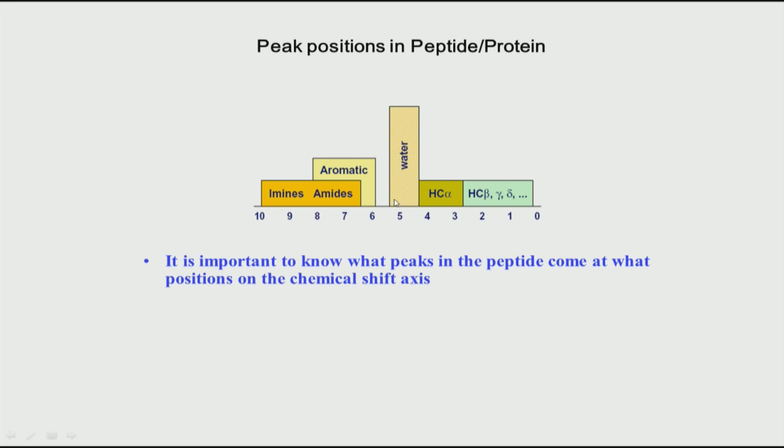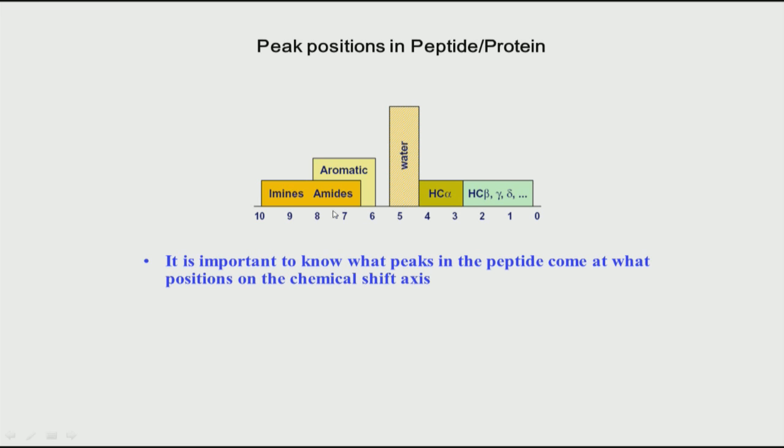Typically a peptide is a biological molecule, and the same with protein. So we record those spectra in water or deuterium oxide, D2O. In that case the water comes at this position, around 5 ppm.